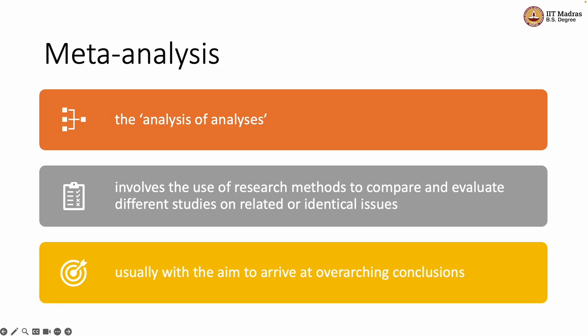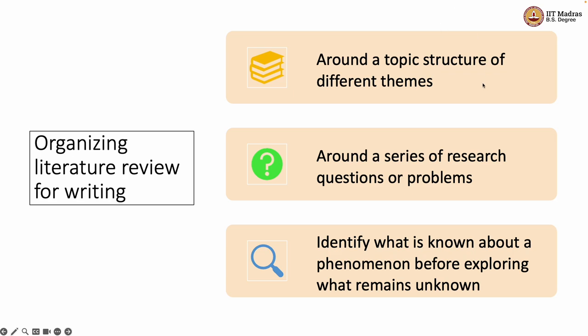And when you organize the literature review for writing, first, think about the structure. What structure are you going to use in your literature review? Because you read a lot, sometimes you think, I read a lot, can I develop a structure?